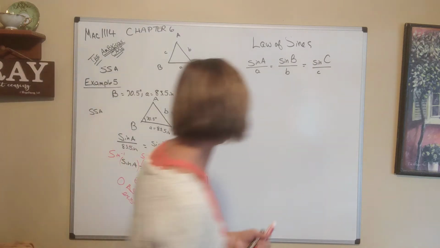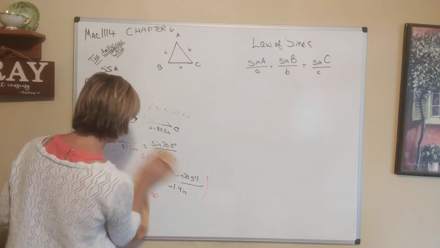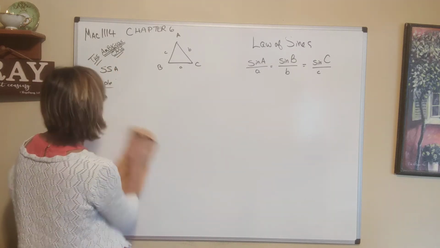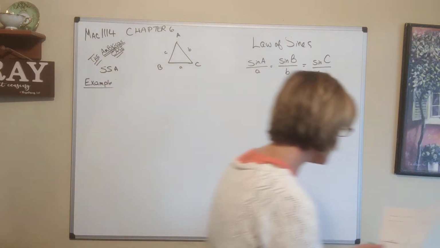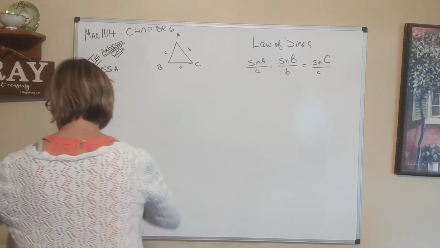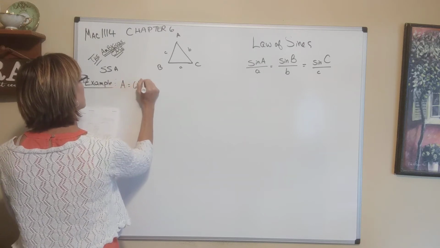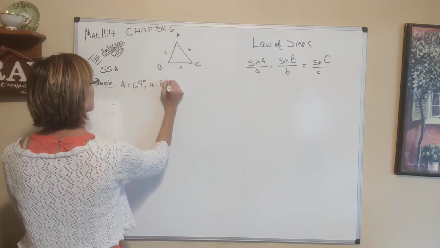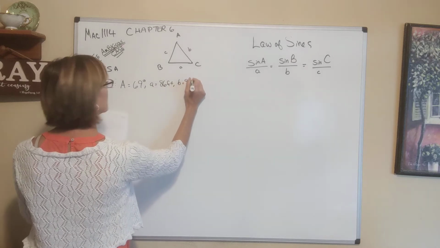So example 4 is this on your worksheet. What do they give us here? Example 4 says that angle A is 69 degrees, and that little a is 86 feet, and that little b is 91 feet.